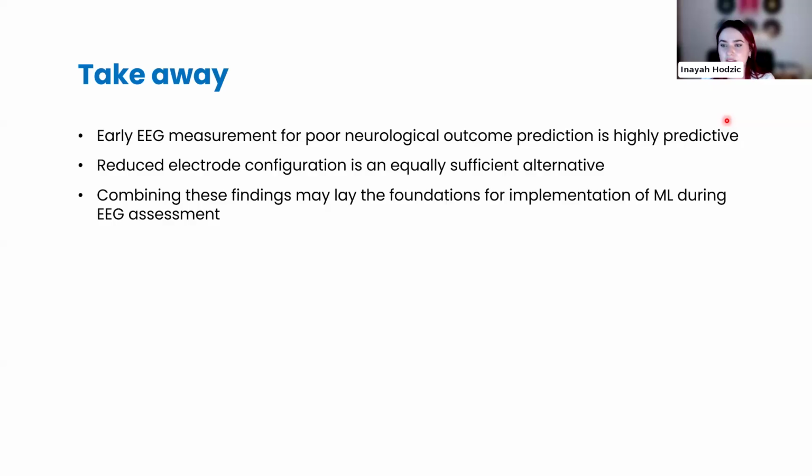But as of now, this study was limited to poor outcome, because that seems to be a very important outcome to be able to identify very quickly and early as well.